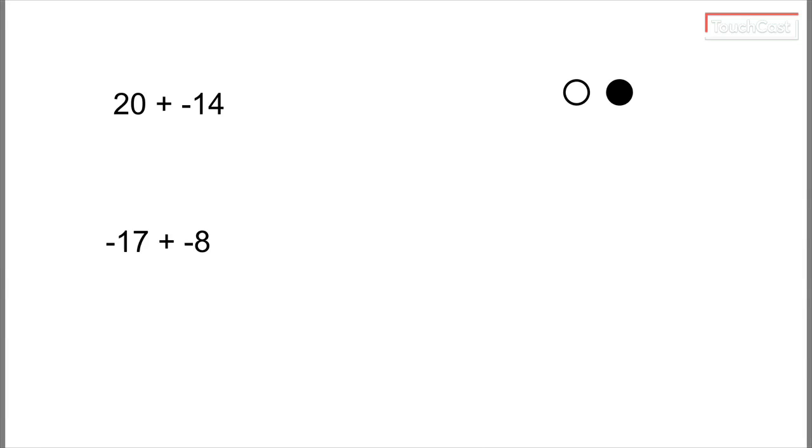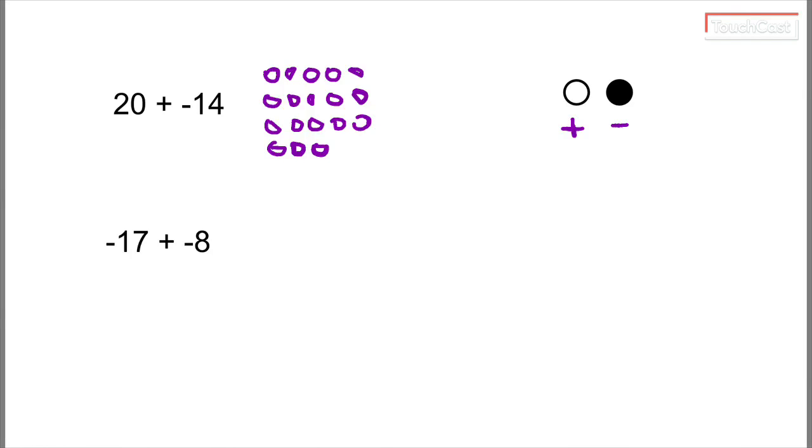A couple more examples. Remember, an unshaded circle represents a positive number. A shaded circle represents a negative number. So +20 plus -14 means that we're going to have 20 unshaded circles and then 14 shaded circles.